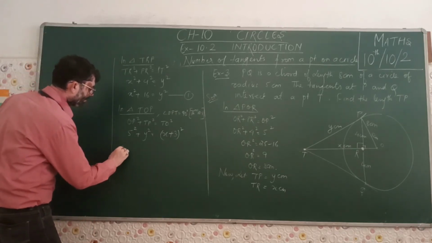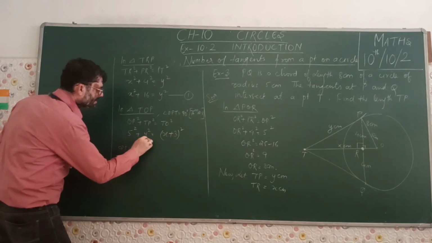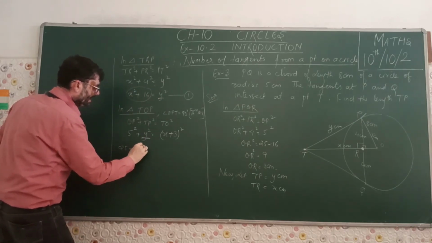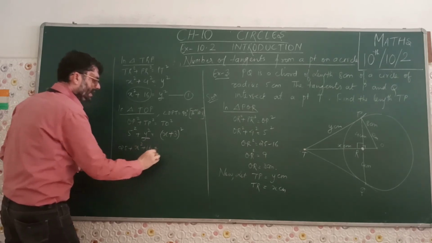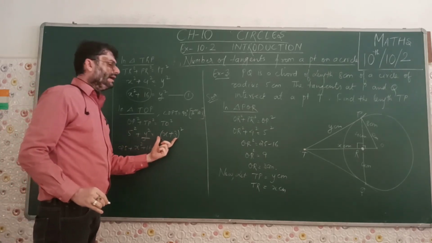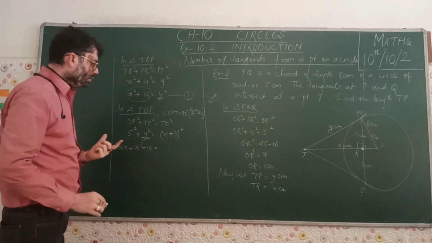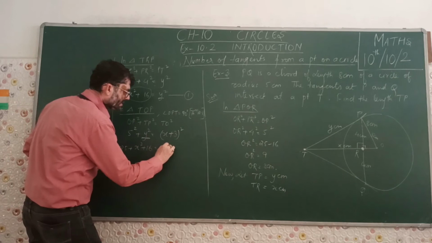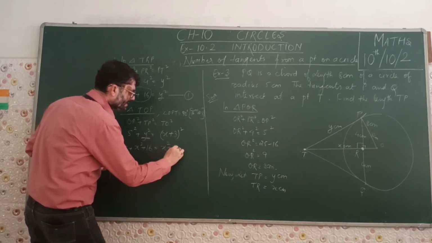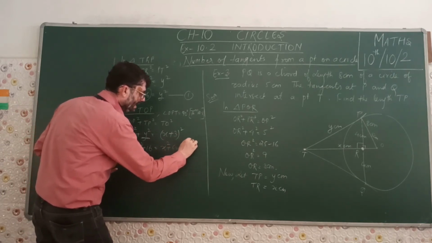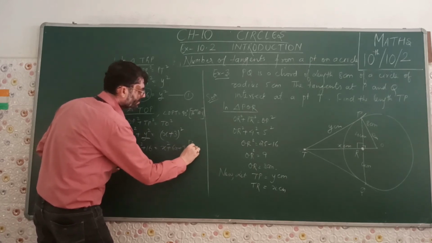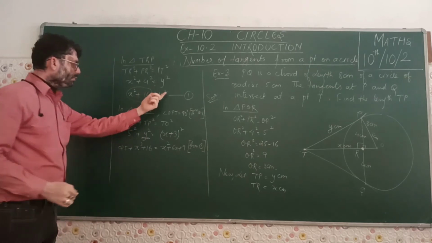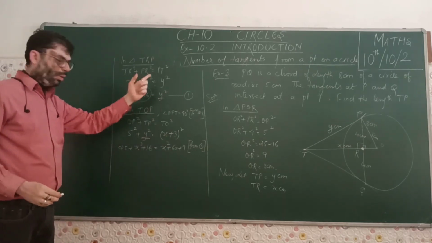So this can be written as 25 plus, in place of y square, we can substitute x square plus 16, and this could be expanded as a plus b whole square, that is a square plus 2ab plus b square. So this is x square plus 6x plus 9, and the reason we can give is from 1. We have taken the value of y square from equation number 1.